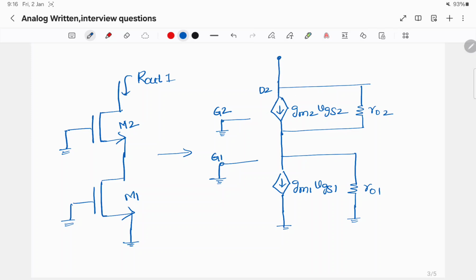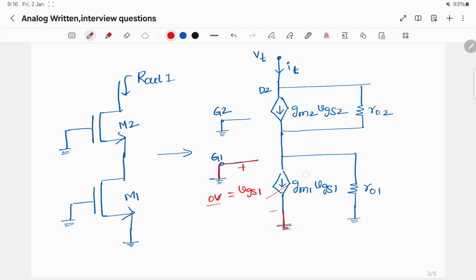Let us say I am applying a test voltage of VT and an IT current is flowing here. If we see the VGS of MOSFET 1, VGS1 is 0, because the gate is connected to ground, the source is also connected to ground. The potential difference between those two is also 0.